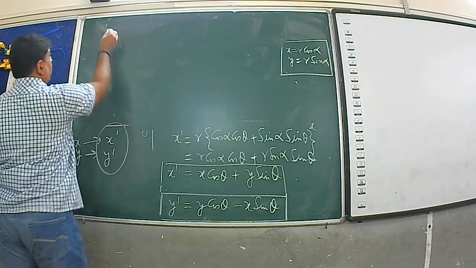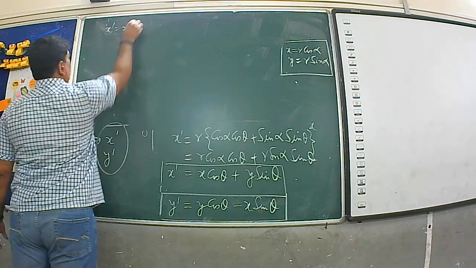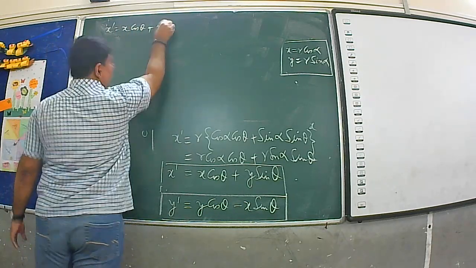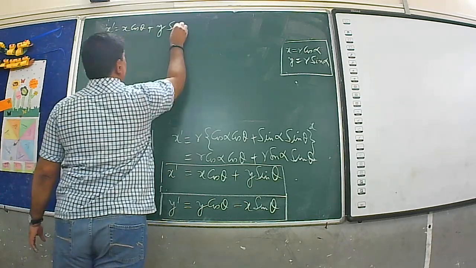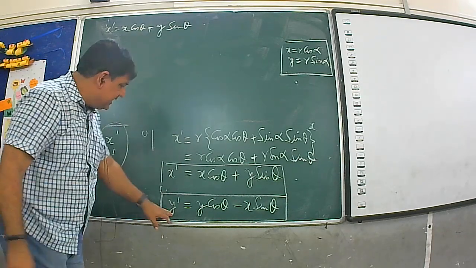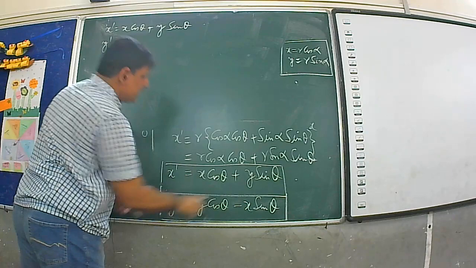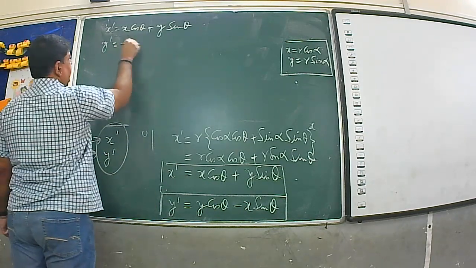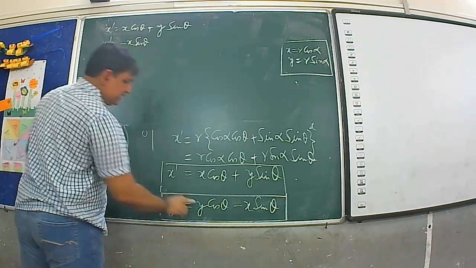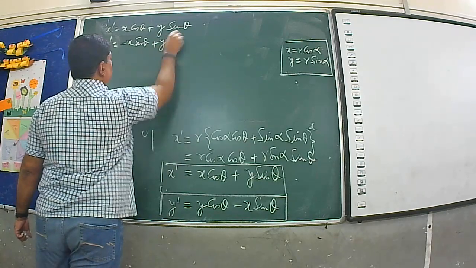Now you see here, x dash is equal to x cos theta plus y sin theta. This is the first value, and y dash is equal to, boys, write the term containing x first, minus x sin theta and then plus y cos theta.